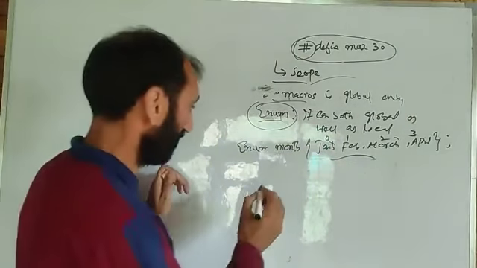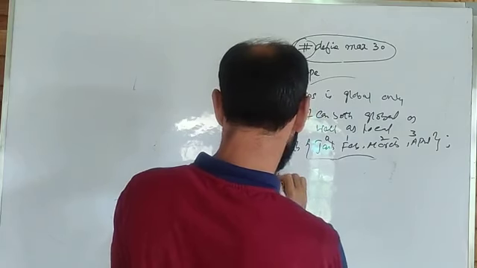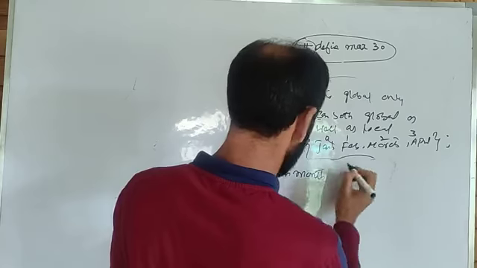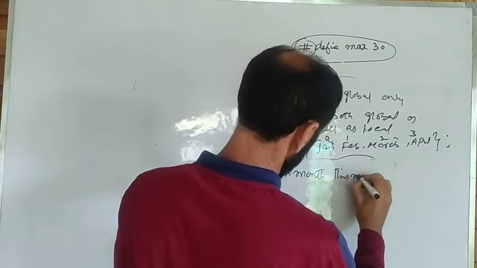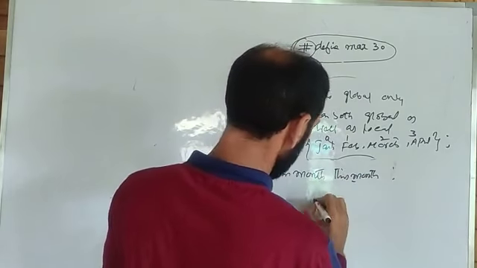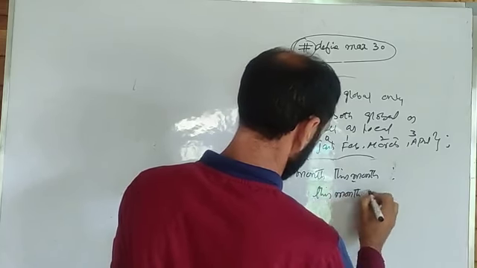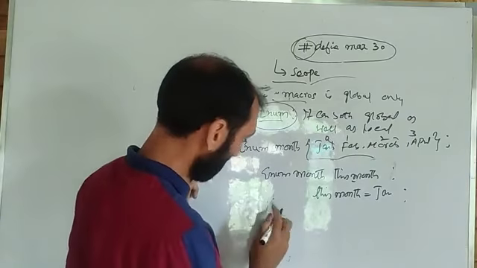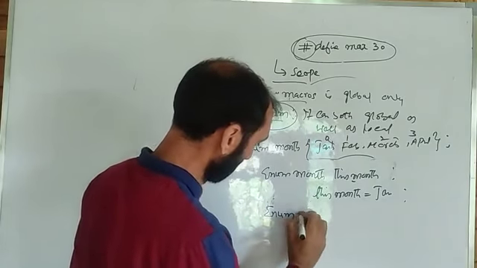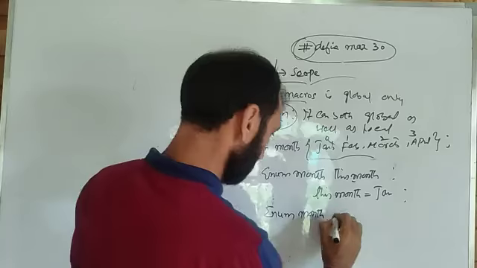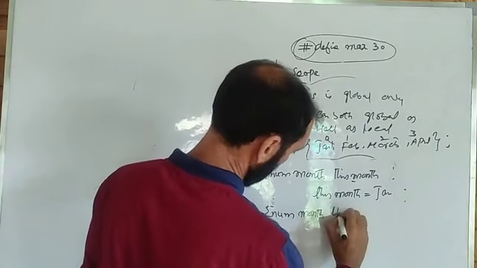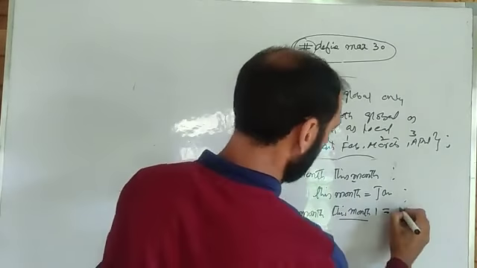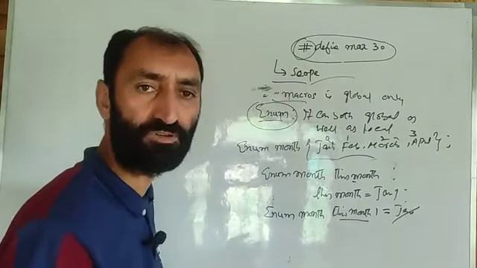For example, enum month, this month is a variable of this type, and I am here writing month equal to Jan, and I am also declaring another variable, enum month1, and in that variable I am declaring Jan again. It is not possible. We cannot assign duplicate values in an enum.